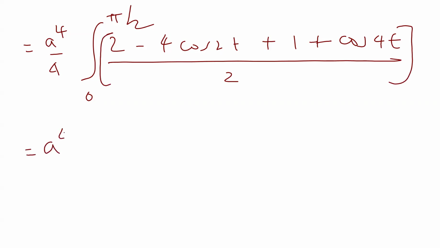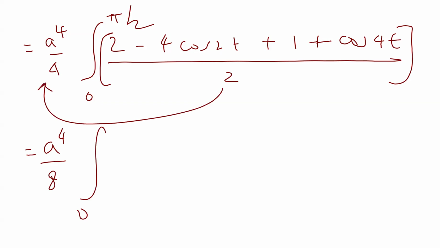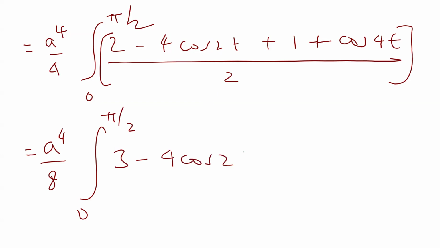So A raised to 4 upon 8, 4 2s are 8, this 2 is multiplied with this 4. 0 to pi by 2, 2 plus 1 is 3 minus 4 cos 2t plus cos 4t dt.